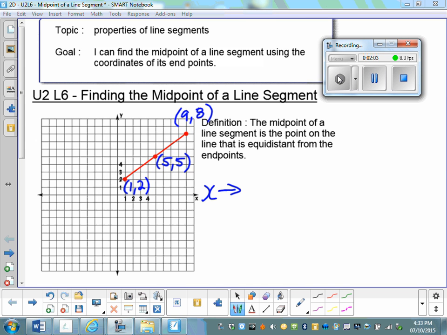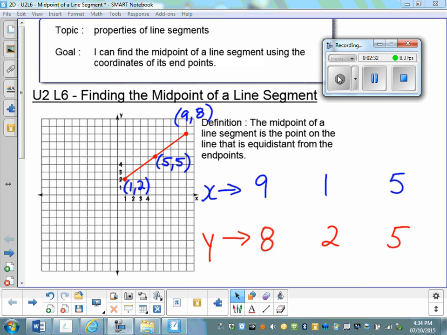So for the x coordinates, I've got 9 and I've got 1, and the midpoint ends up being 5 for those. And when I look at the y coordinates are 8 and 2, and the midpoint, the y value, is 5.